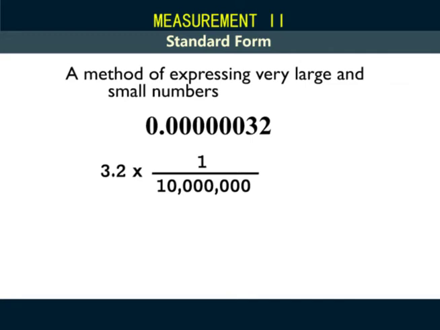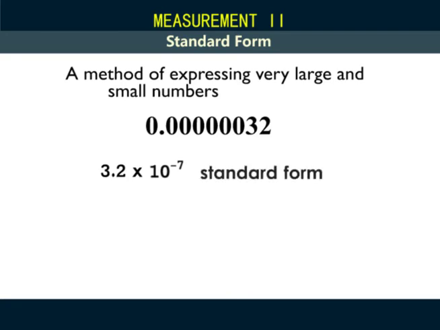This part can be simplified to 1 over 10 raised to power 7. If we get the reciprocal of this part, we know the sign of 7 will change to a negative. So our number can be written as 3.2 times 10 raised to power negative 7. This is also standard form. The only difference is that we have a negative power.